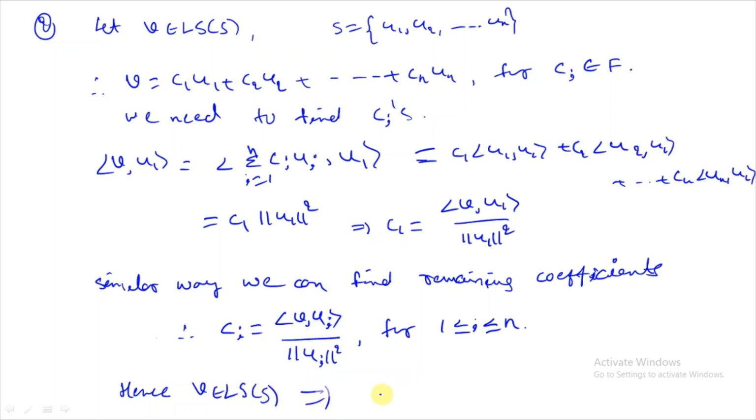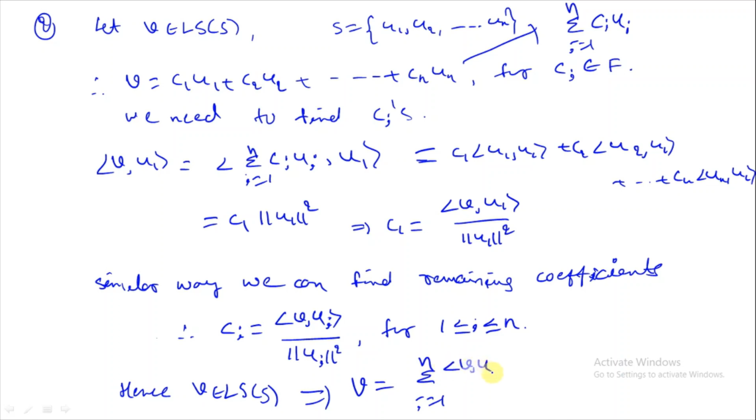That implies we write V equal to summation i equal to 1 to n Ci Ui, where Ci is the inner product of V comma Ui divided by norm Ui square, into Ui.